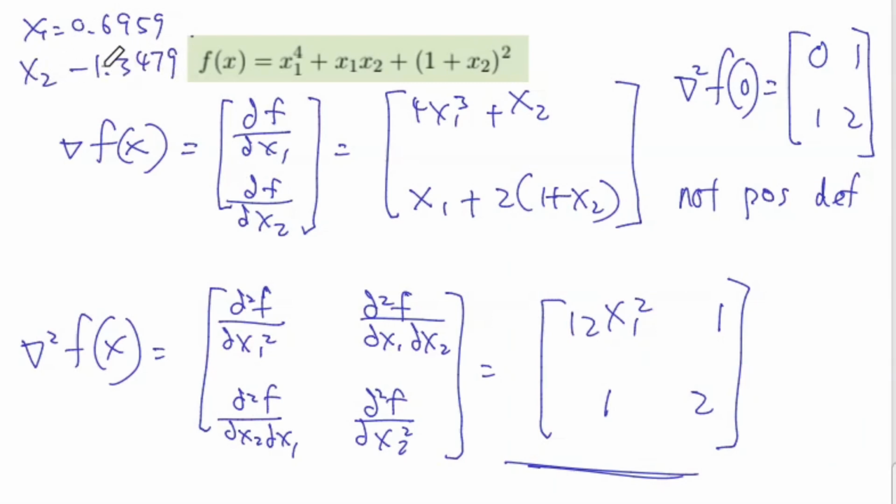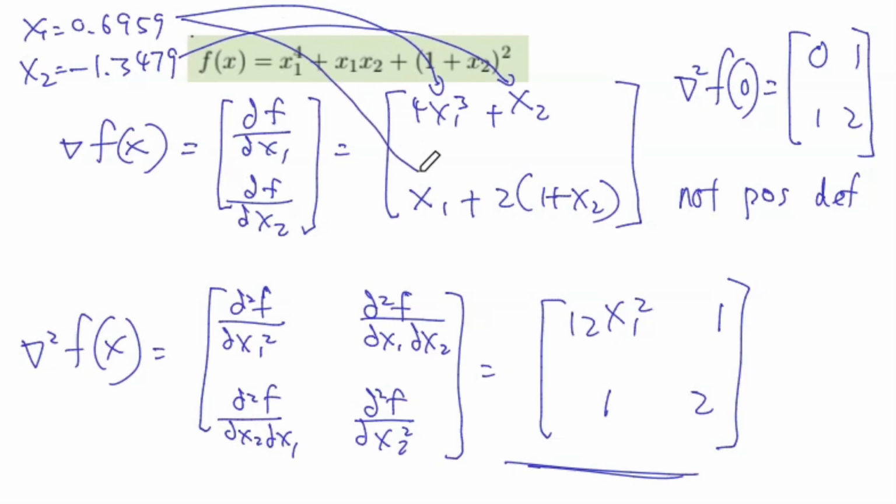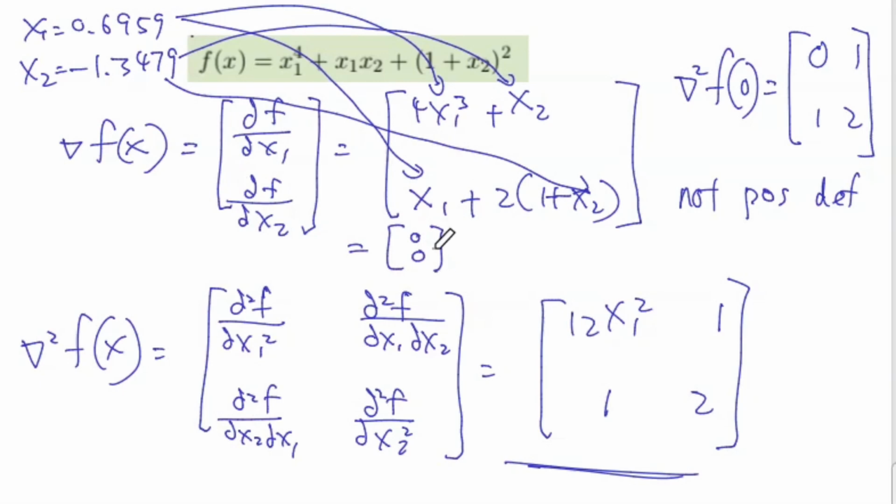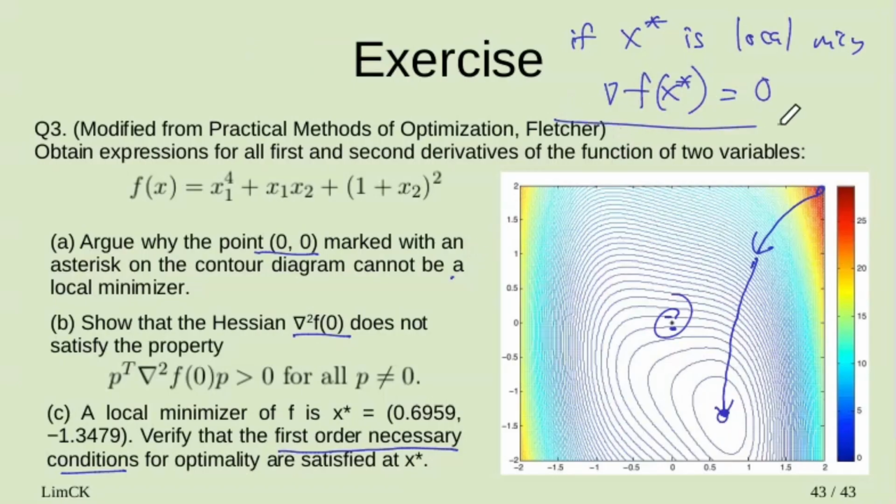What you do is substitute s1 and s2 into the gradient. You will find that this is equal to (0, 0). If you find this, that means you have proved this.